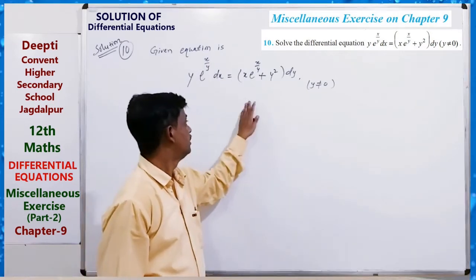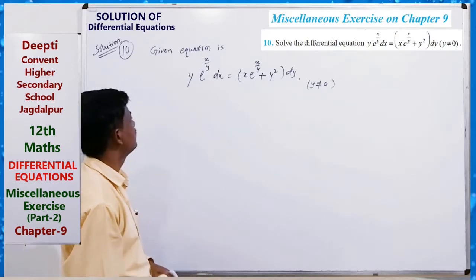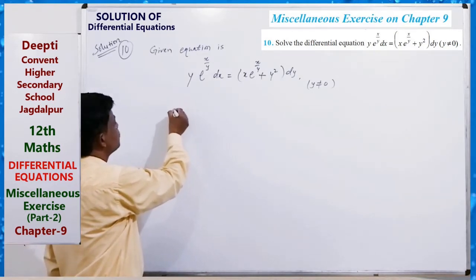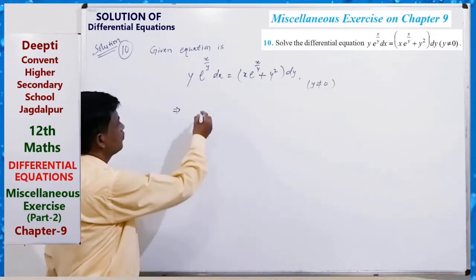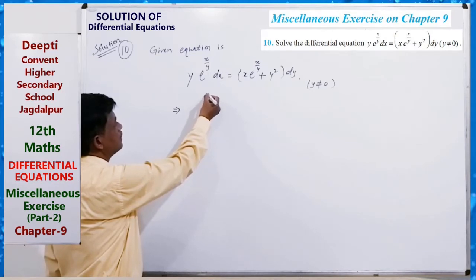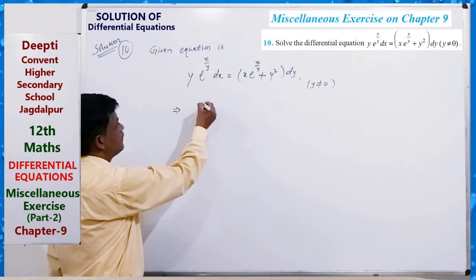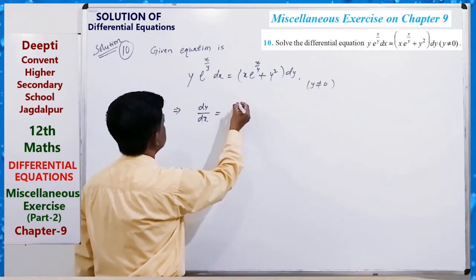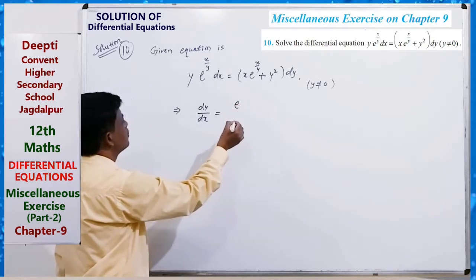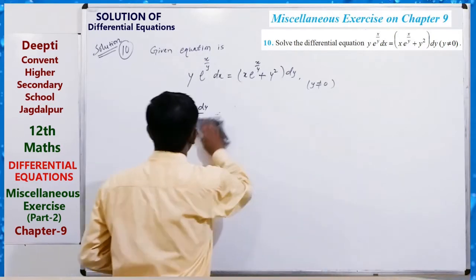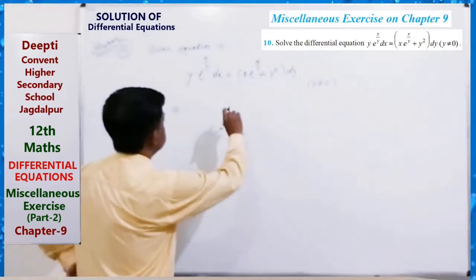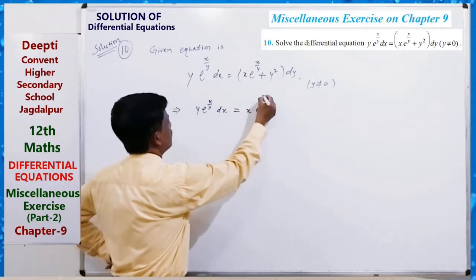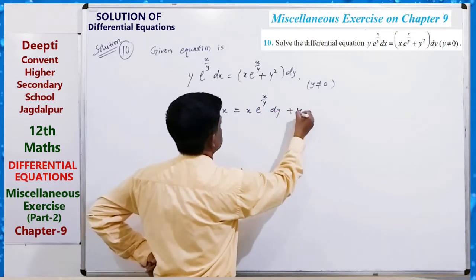So here just try to write this equation as y e to the power x by y dx equals x e to the power x by y dy plus y square dy.